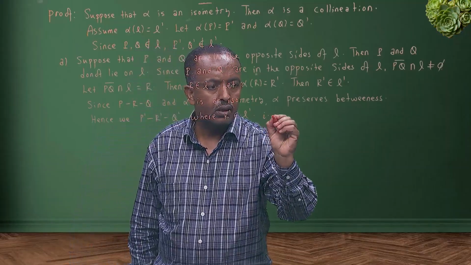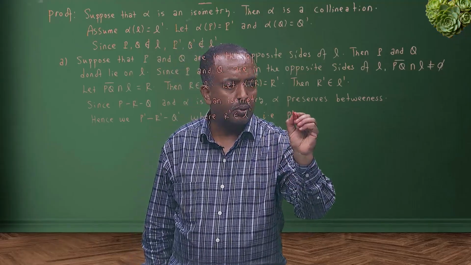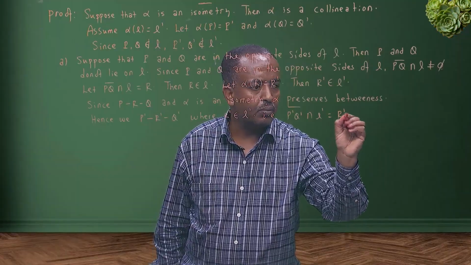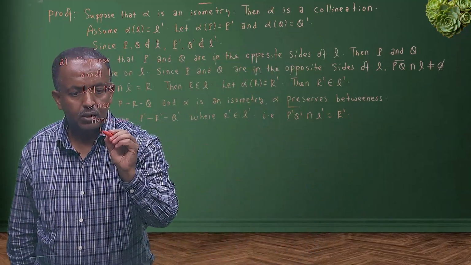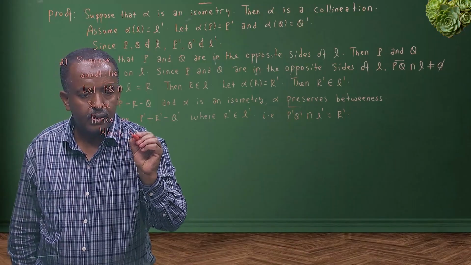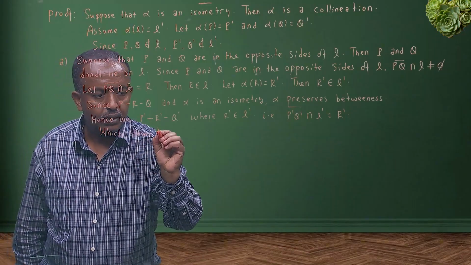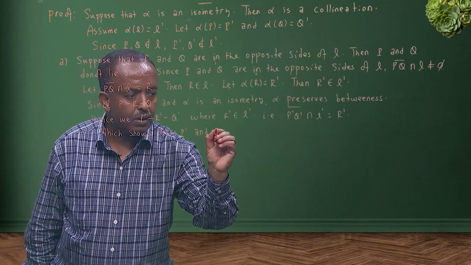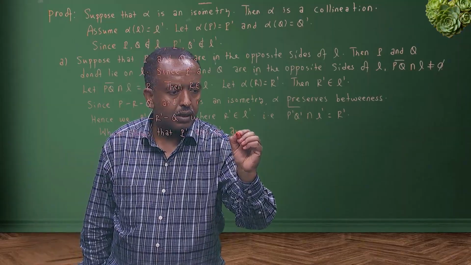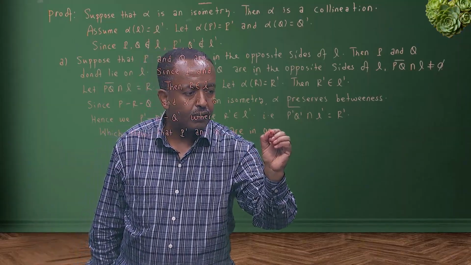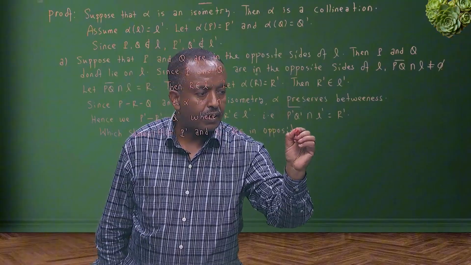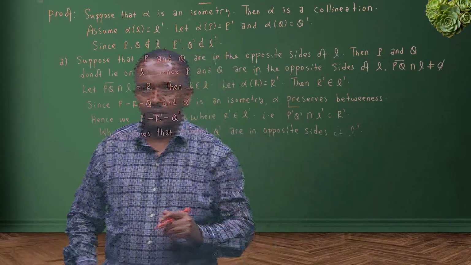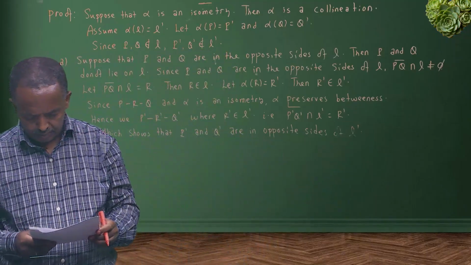That is, the line segment P prime Q prime intersection L prime is R prime, which shows that P prime and Q prime are in opposite sides of L prime. Hence, A follows.